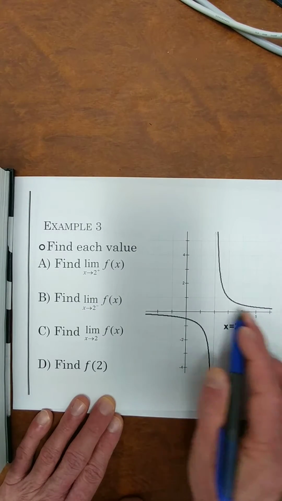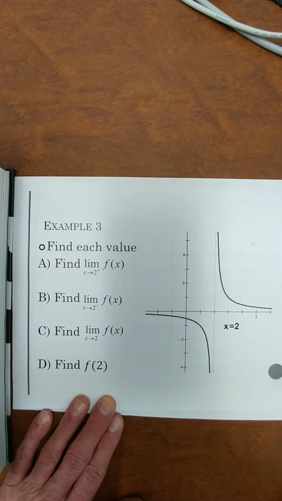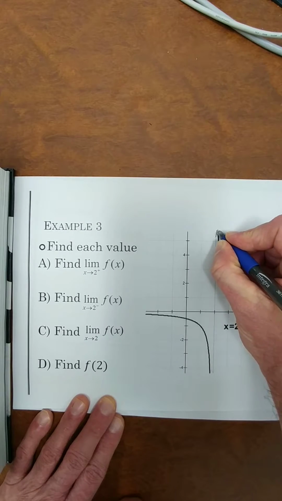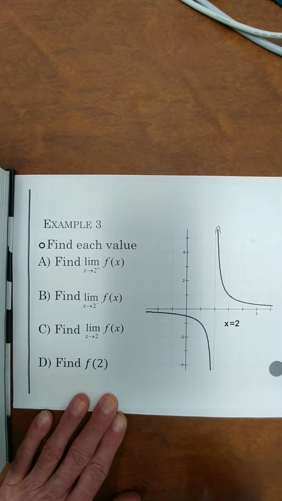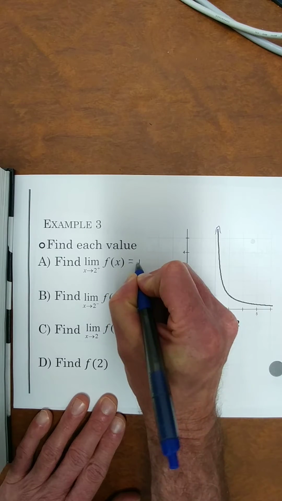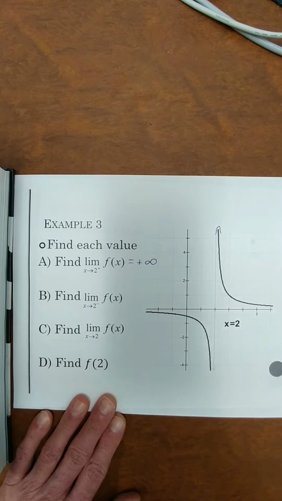Coming from the right, the right piece of the curve appears to be going up without bound very quickly. Anytime you have this situation where the curve's going upward and it appears that it's just going to go up without bound, we will describe that as positive infinity. That value just keeps getting larger and larger.